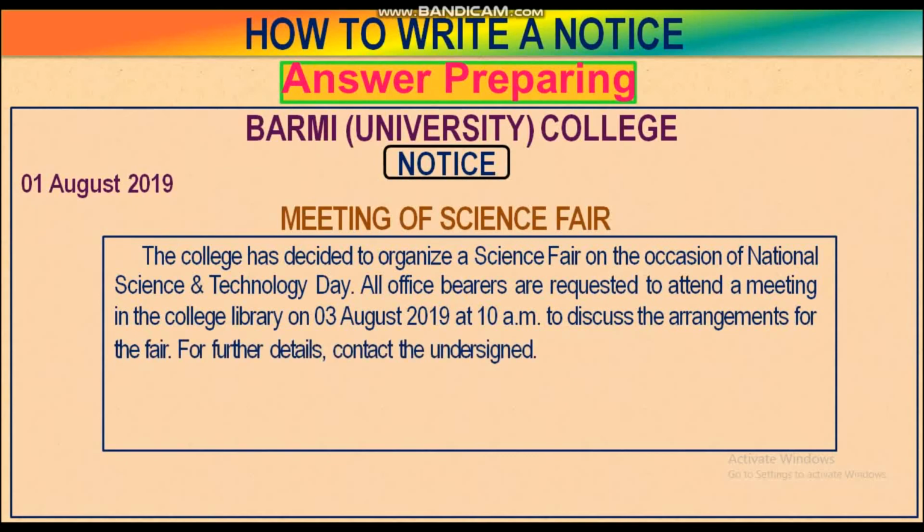All office bearers are requested to attend a meeting in the college library on 3rd August 2019 at 10 a.m. to discuss the arrangements for the fair. For further details, contact the undersigned.